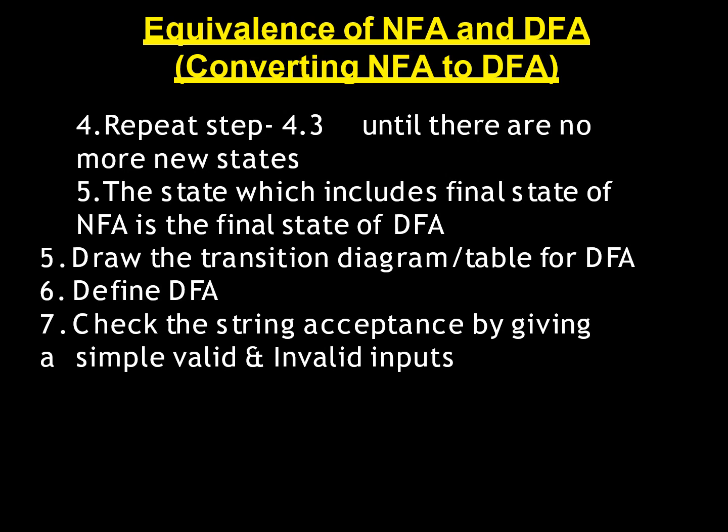Any state that includes a final state of the NFA is a final state of the DFA. So the starting state of the NFA becomes the starting state of the DFA, and the states which include the final states of the NFA become the final states of the DFA. After finalizing the states in the DFA, draw the transition diagram or table and define the DFA.